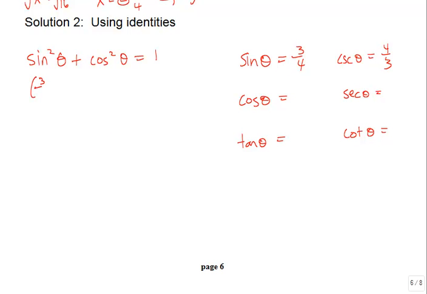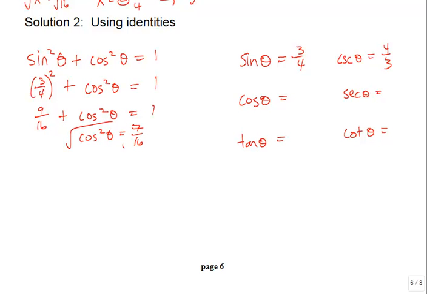So I'm going to substitute in 3/4. And remember, sine squared means to take that sine value and square the whole quantity. So what I can do then is solve this equation. So this gives me that 9/16. Subtracting that 9/16 to the other side gives me that 7/16.